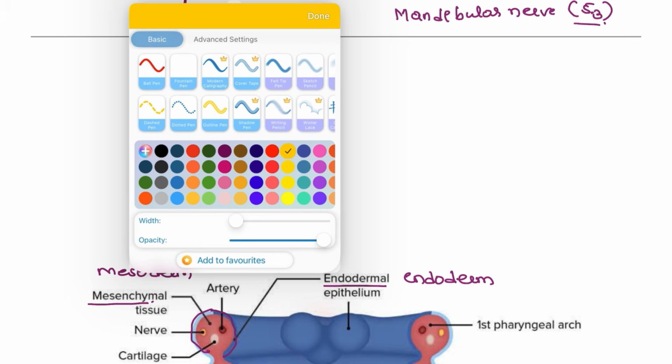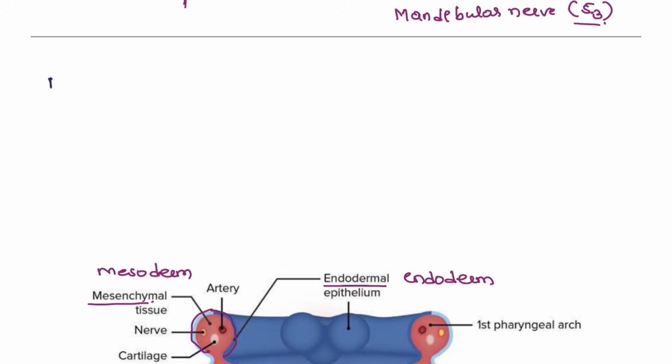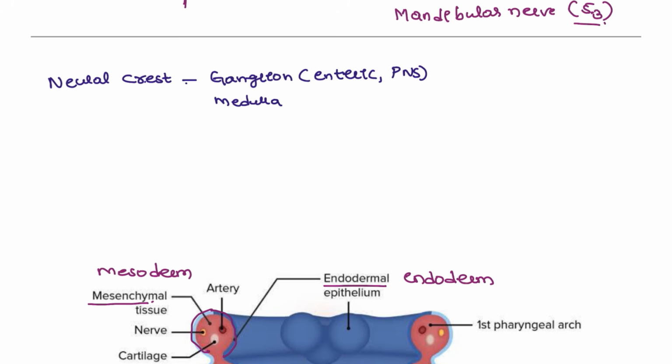Next, some of the important points that you have to know about the neural crest cells. Neural crest cells, what are their derivatives? In the neural crest cells, we are going to have the ganglions. Name the ganglion, all the ganglions will be coming here. For example, enteric ganglions and peripheral nervous system ganglions, and also, most commonly, the medulla of the adrenal gland. That is also coming here.